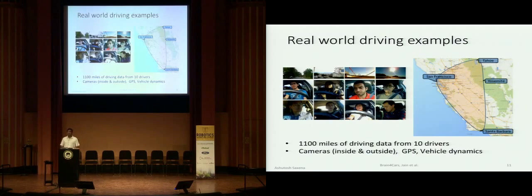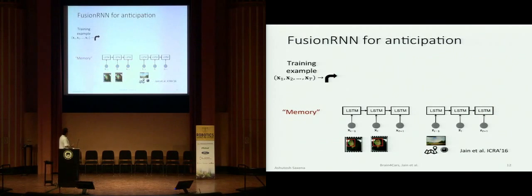In this case, the learning algorithm has to parse different inputs. It has to parse all the logs of the data, which include GPS and all that information, but also information such as the face of the driver in the car, and also the outside world.